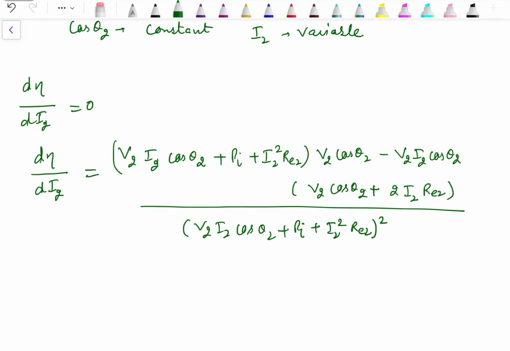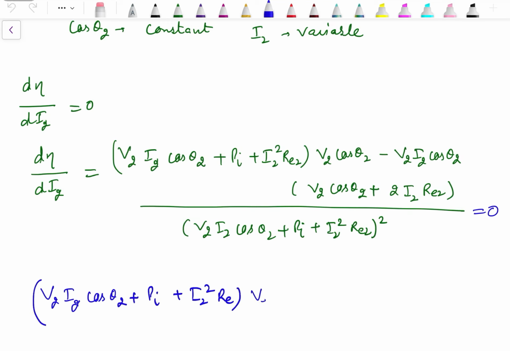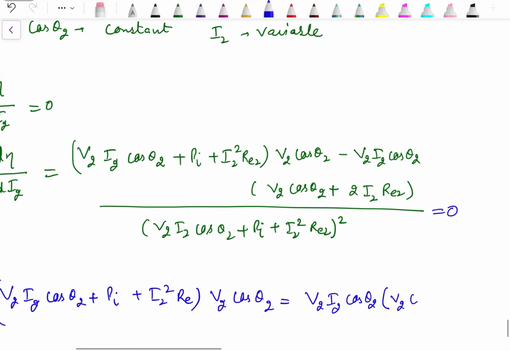Since we need to equate this to 0, we can write V2 I2 cos theta 2 plus Pi plus I2 square RE2 into V2 cos theta 2 is equal to V2 I2 cos theta 2 into V2 cos theta 2 plus 2 times I2 RE2.